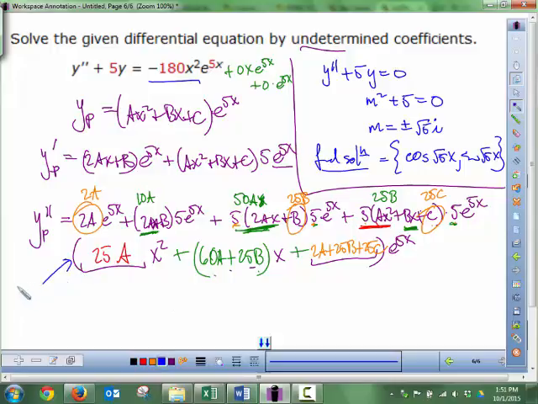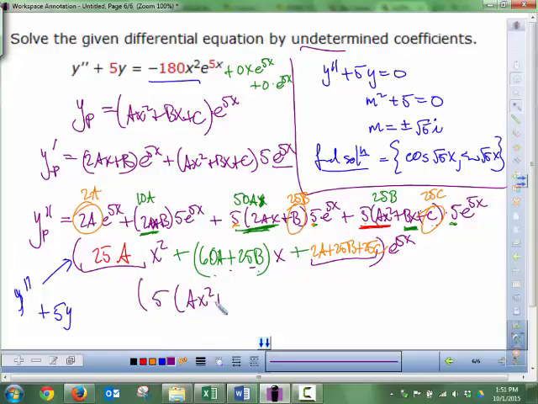So this is your y prime, or y double prime. Now we need to add the 5y. So 5y, 5 times ax squared plus bx plus c, e to the 5x.